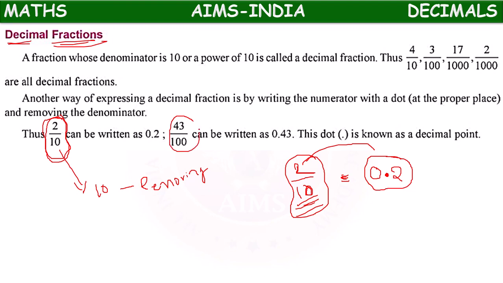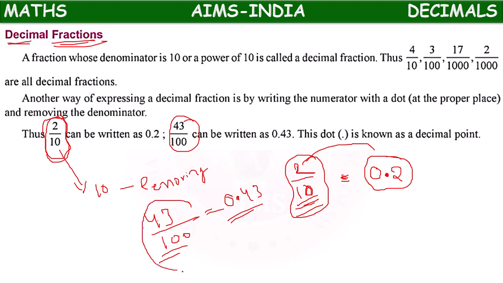Suppose we have 43 by 100. In the denominator we have 100, which has 2 zeros. So we have to leave 2 places, 3, 4, and after that put the point. Before the point there is nothing, so it is 0.43.